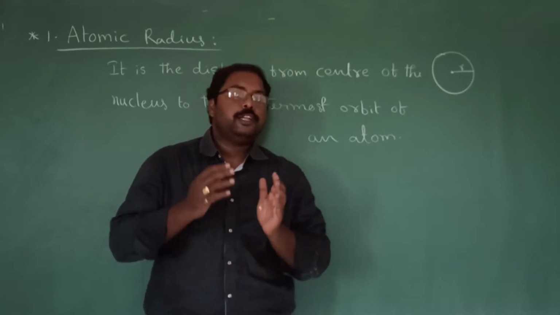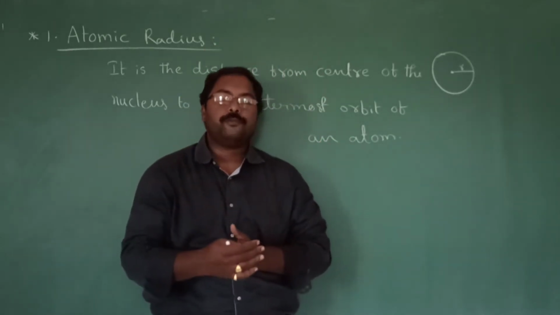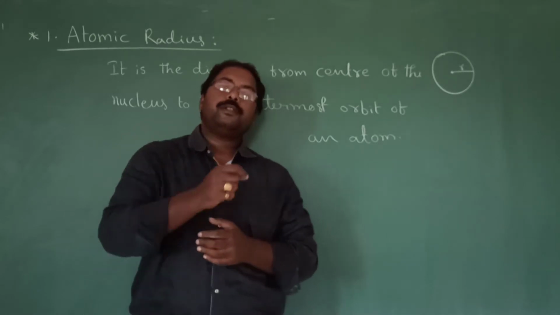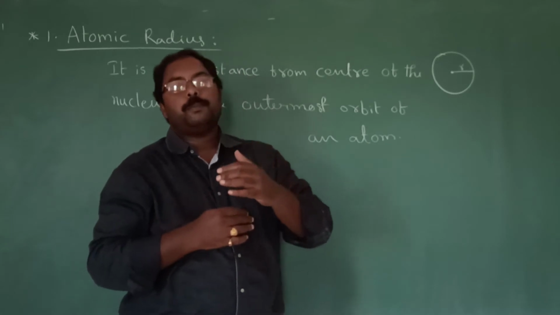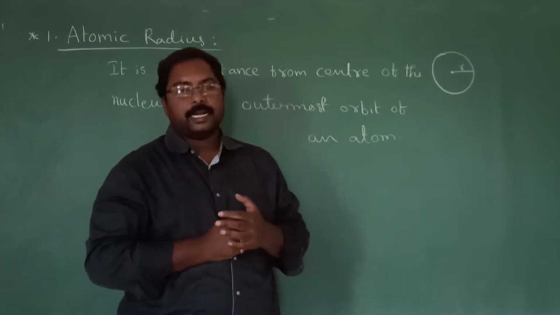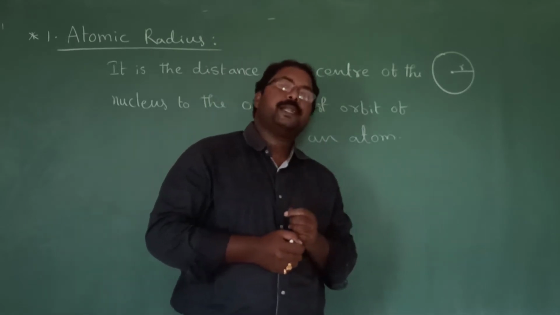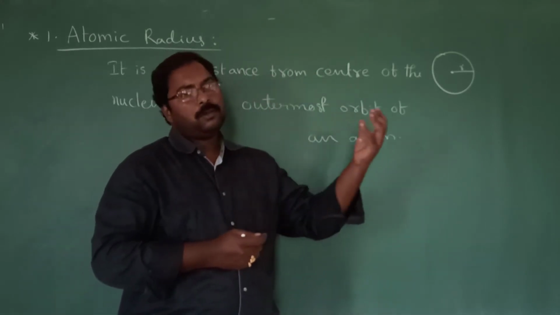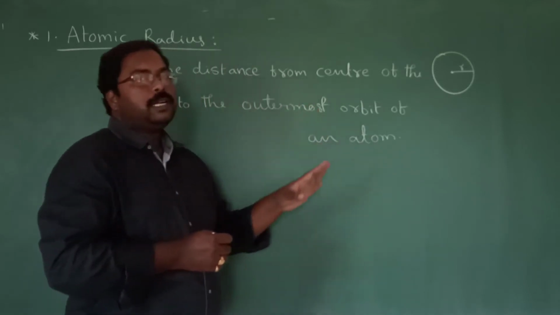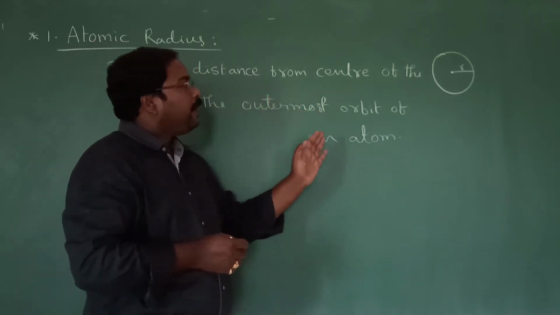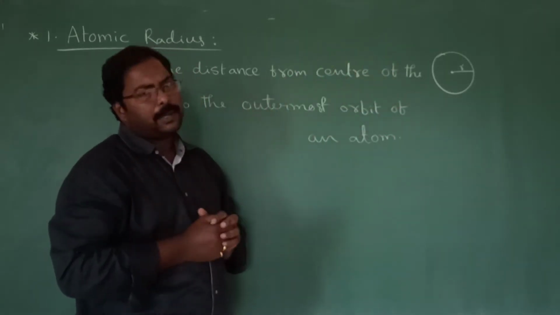According to Bohr, there will be fixed orbits, but later we found that the electron revolves around the nucleus like a wave. We can find only the probability of finding the electron, not the exact location. In the Heisenberg uncertainty principle also we discussed it. Because of that, we can find only the approximate radius of the atom.